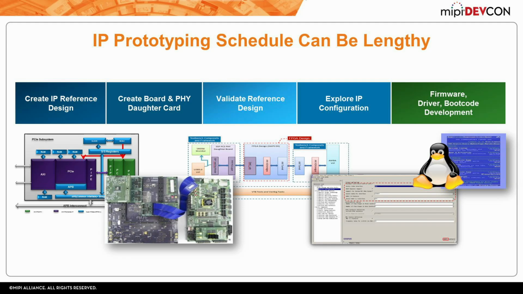So in this prototyping, assuming these two things, you will have to create a reference design that integrates the IP, and create a daughter board for the PHY. You will have to validate that design and these two working together. Only then could you explore the IP configurations, and only then will the software team have access to some hardware that they could work on.